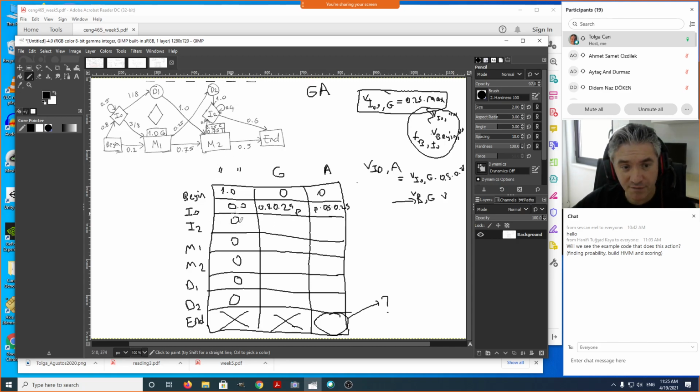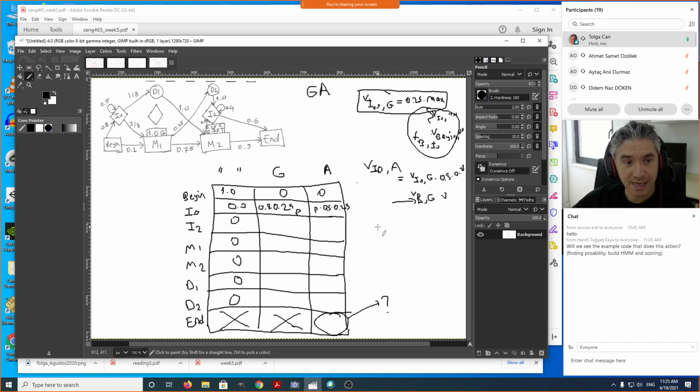Therefore, the second row is not the one to be computed next. What can you compute next? For example, look at M1. M1's preceding states are I0 and begin, and you have all the probabilities about begin and I0. So you're ready to compute the probabilities for M1.